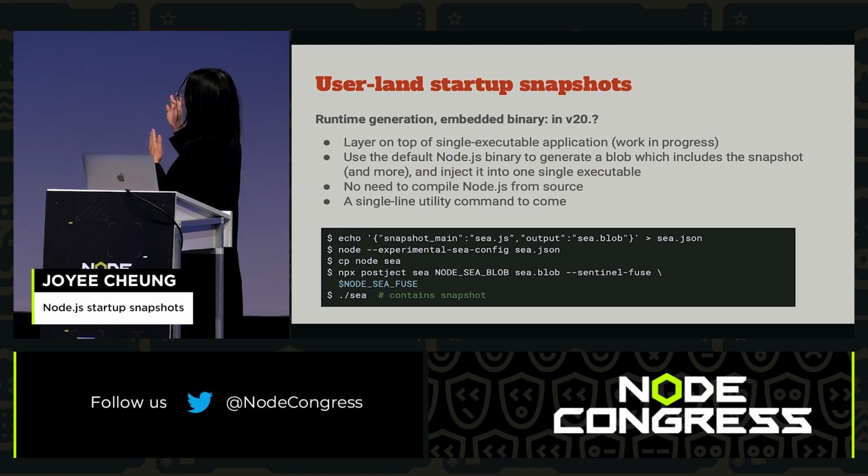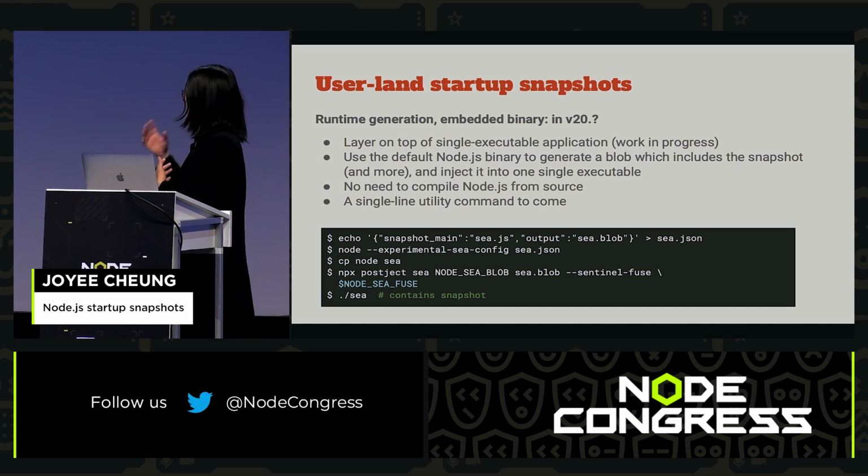And you use, for example, the postject command line tool that is maintained officially by Node to inject that blob into the binary, the single executable application. After injecting the blob into that binary, that would contain a snapshot, and Node would just know that, oh, I have a snapshot embedded into this binary.